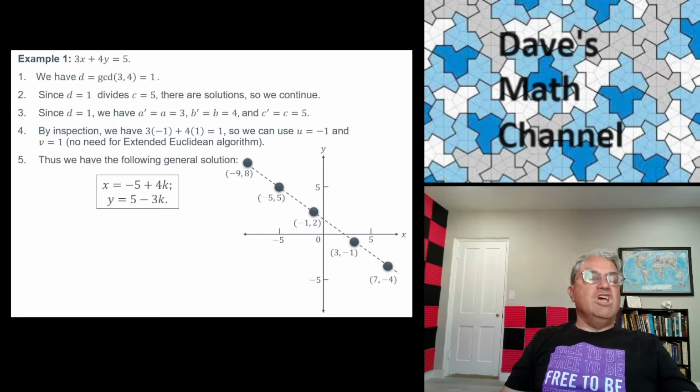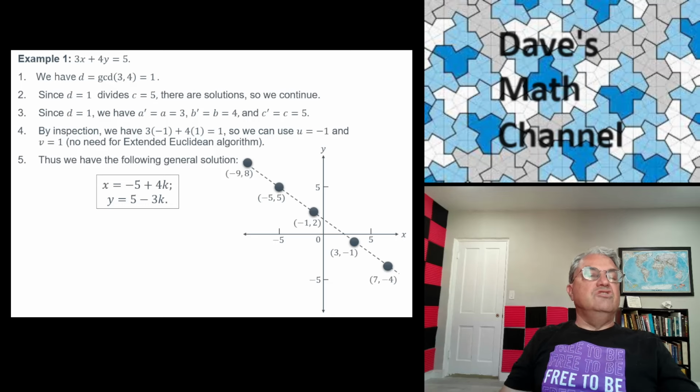And I actually graphed them. It's kind of nice to look at a graph of the solutions to a linear Diophantine equation. It's always a discrete set of infinitely many points along the line. If we were allowing x and y to be arbitrary real numbers, we would get this entire line.